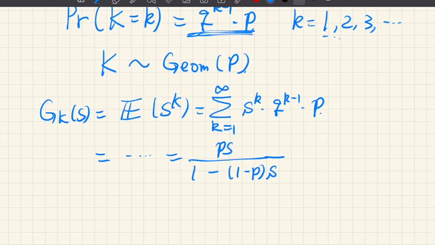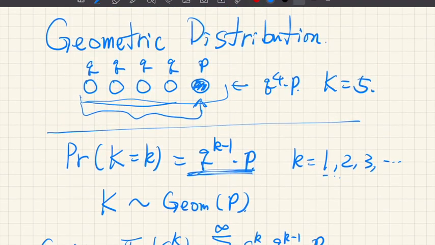So again, if you differentiate once and put s equal to 1, you should get, I will omit the calculation, the result should be 1 over p. So this is the expected value for k. That means if the probability of obtaining a head is p, then the expected number of times you have to flip a coin until you get a head is 1 over p.